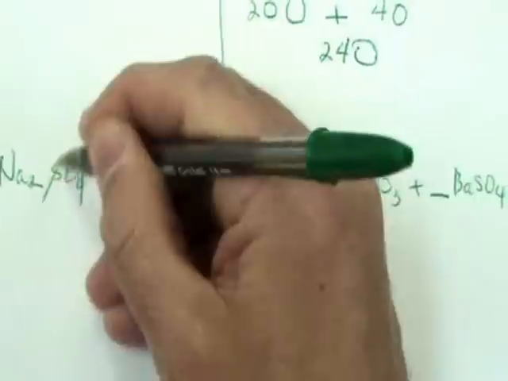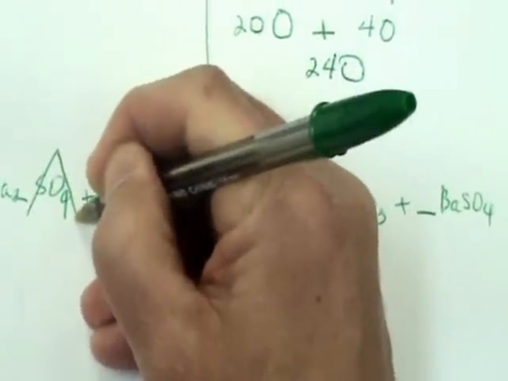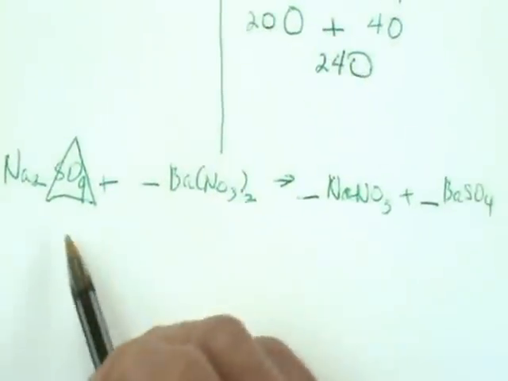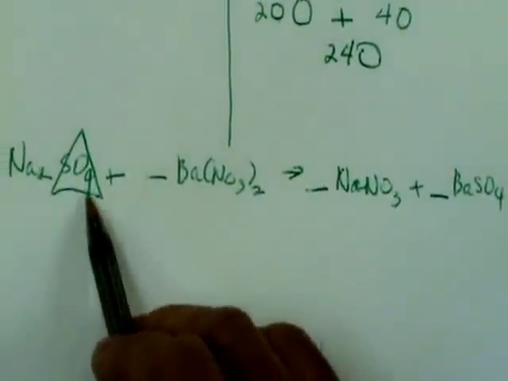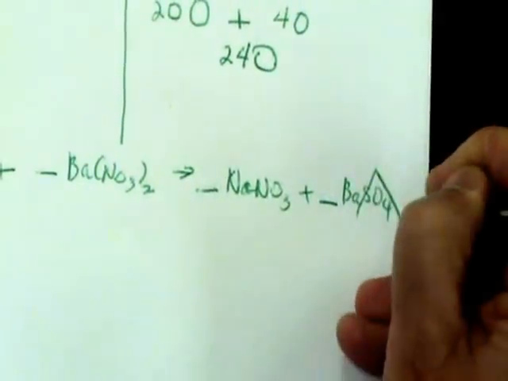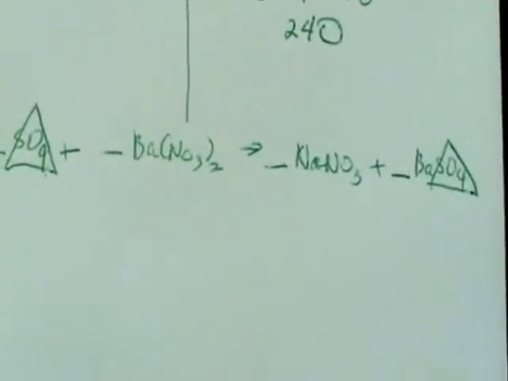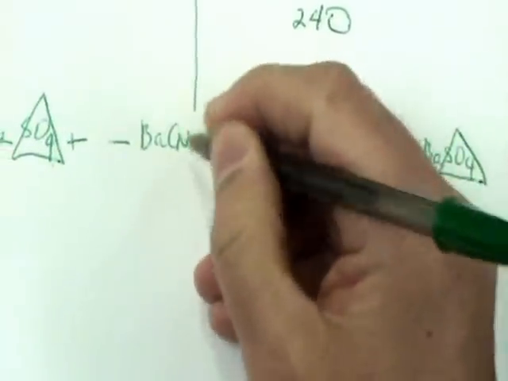So remember the trick here? We identify our polyatomic ions and we draw a triangle around them. So here's your polyatomic ion SO4. Here's your SO4. There's a triangle there. Here's your NO3.